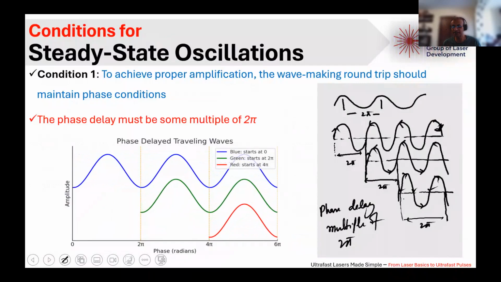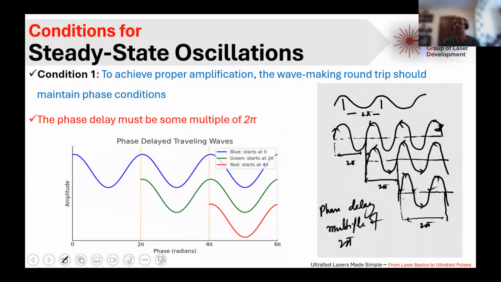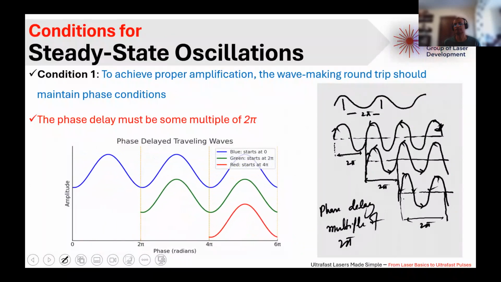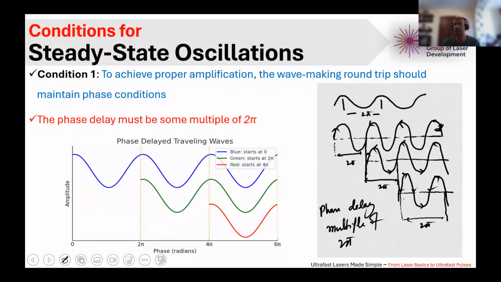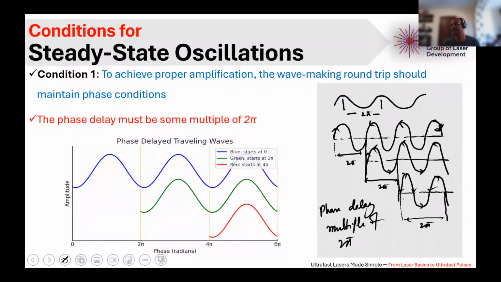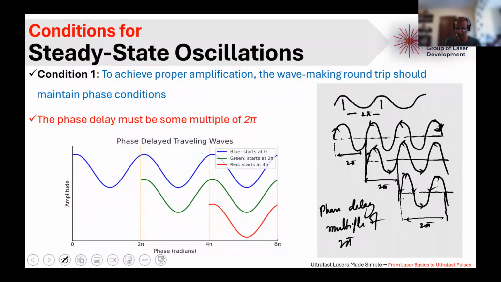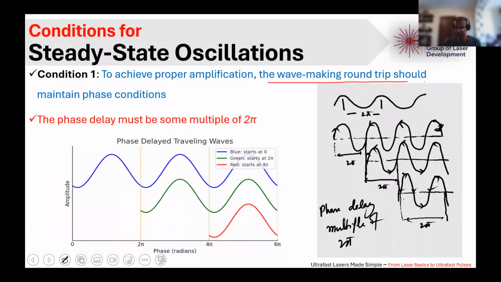For the steady state oscillations in the cavity, the condition number 1 for proper amplification is that the waves which are making a round trip should maintain the phase conditions. You can see it written here.